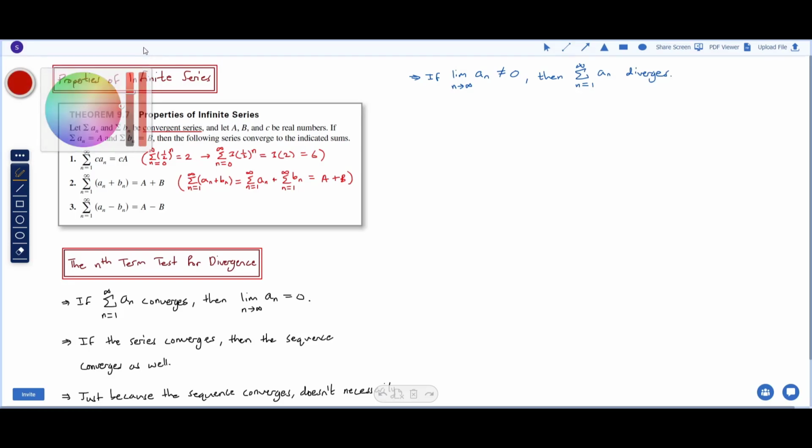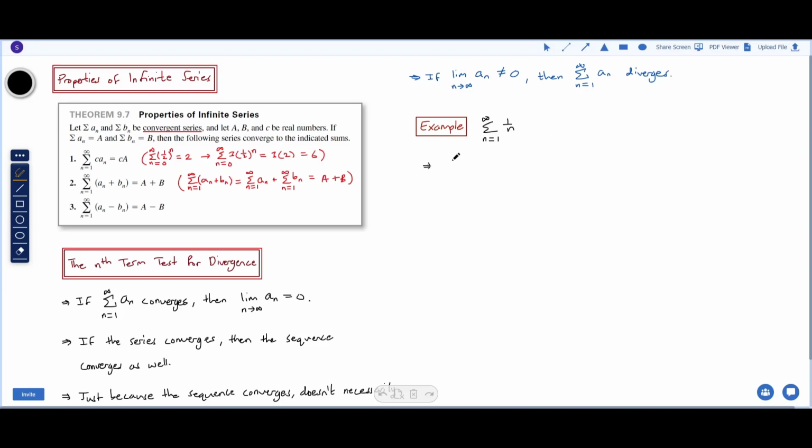So let me give you an example. Say, for example, we have the sum of 1 over n from n equals 1 to infinity, right?